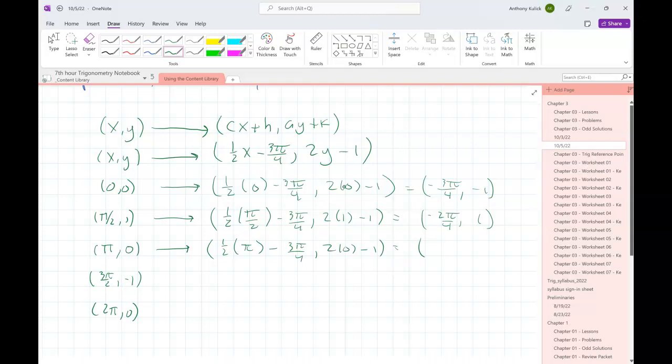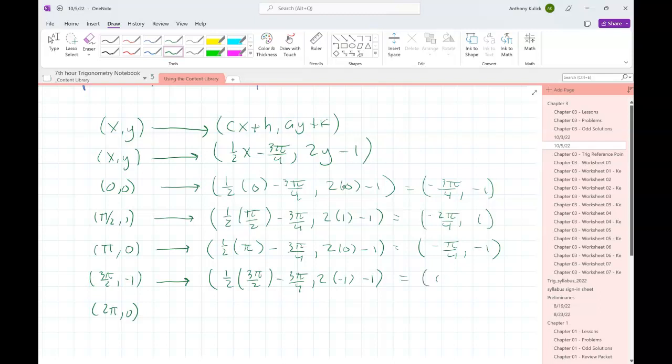One-half times pi is pi over 2. That's the same thing as 2 pi over 4. 2 pi over 4 minus 3 pi over 4 gives me negative pi over 4. 2 times 0 is 0. 0 minus 1 is negative 1. One half times 3 pi over 2 is 3 pi over 4.